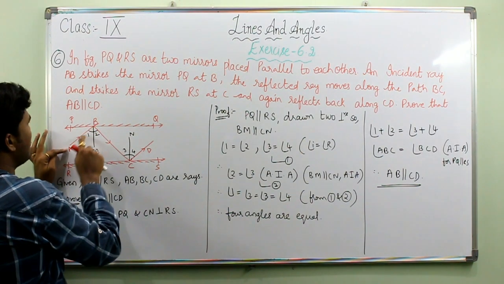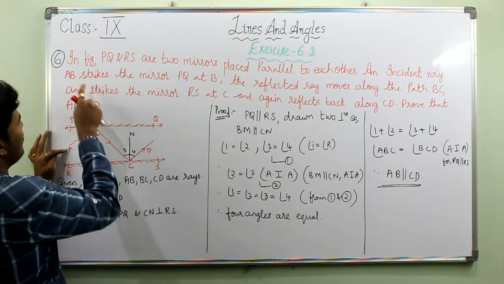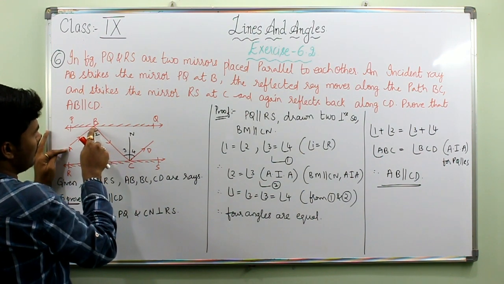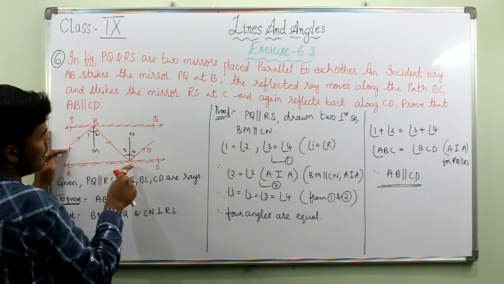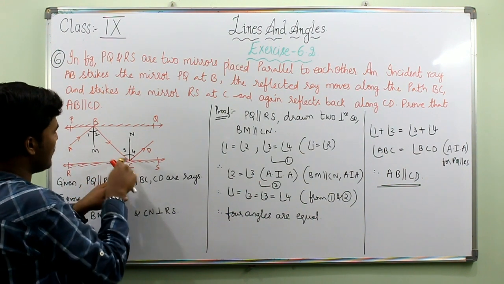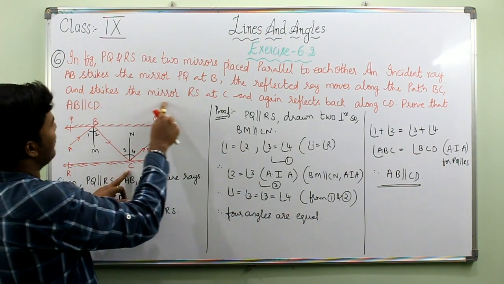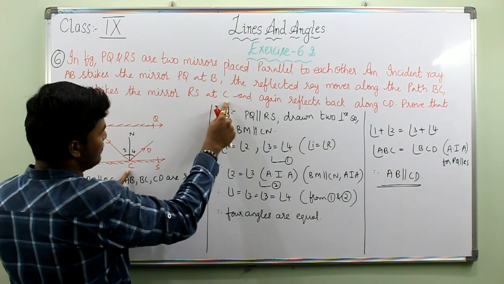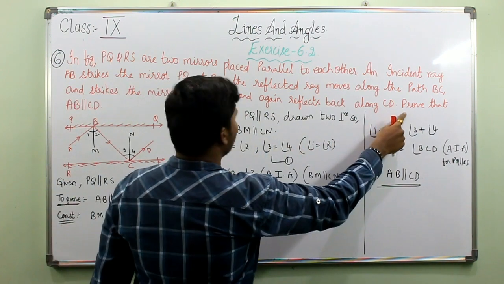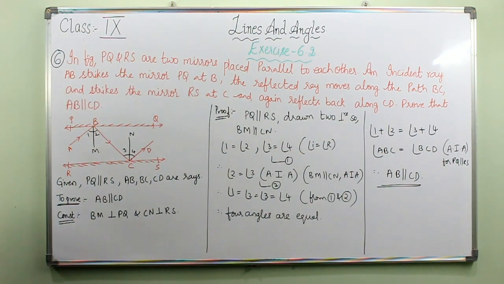AB is an incident ray, which strikes the mirror PQ at the point B, and then the reflected ray moves in a straight path along BC and intersects the mirror RS at C. Again it reflects back along CD. So prove that AB is parallel to CD.